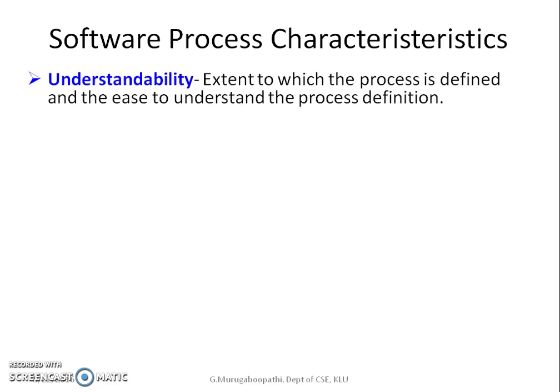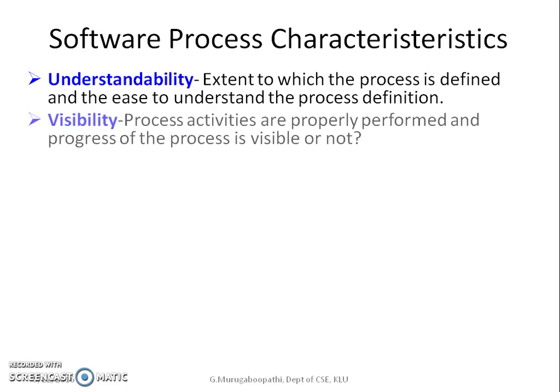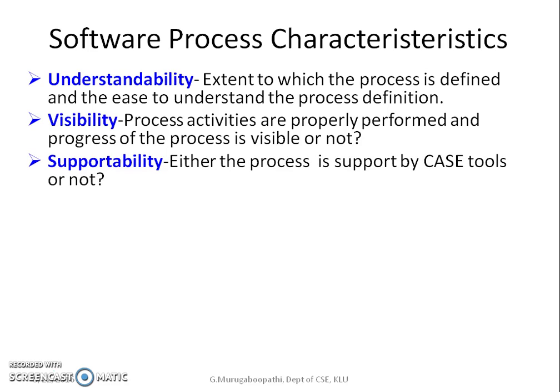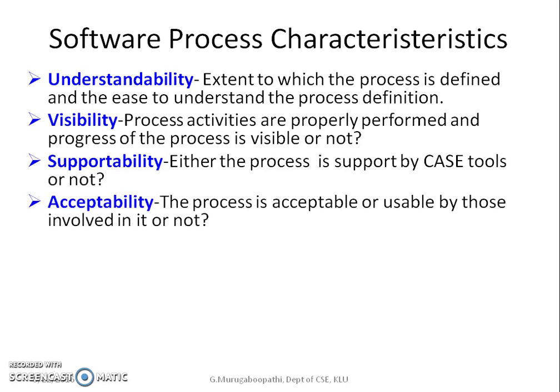Understandability is the extent to which the process is defined and how easy the process definition is to understand. Visibility is whether the process activities are properly performed and the progress of the process is visible or not. Supportability is whether the process is supported by CASE tools or not. Acceptability is whether the process is acceptable or usable by those involved in it.